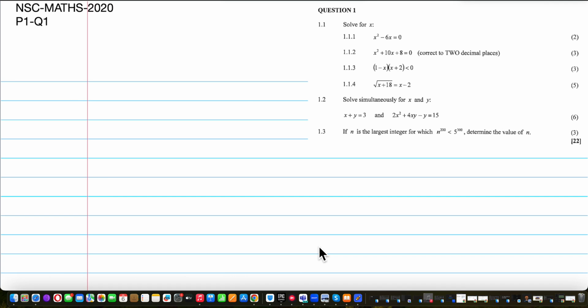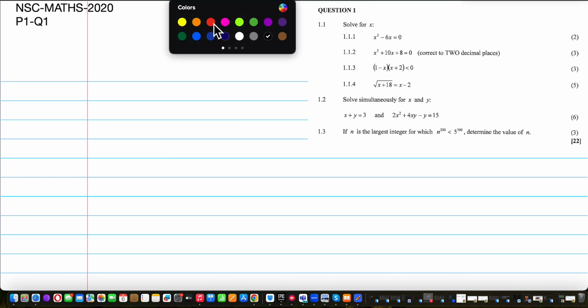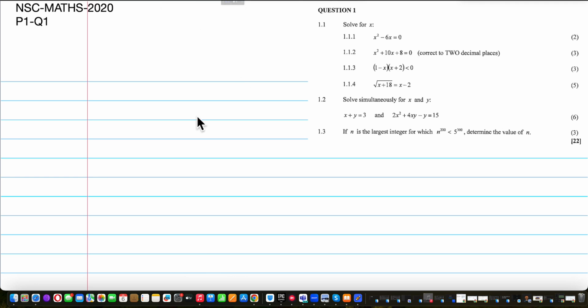Question 1.1.1. In this question, we are required to solve for x, and our equation is x squared minus 6x equals 0. Okay, so we're going to take this step by step.